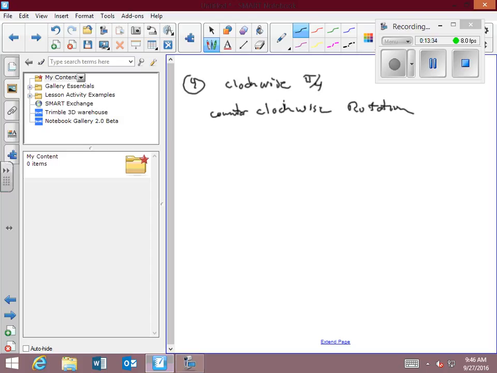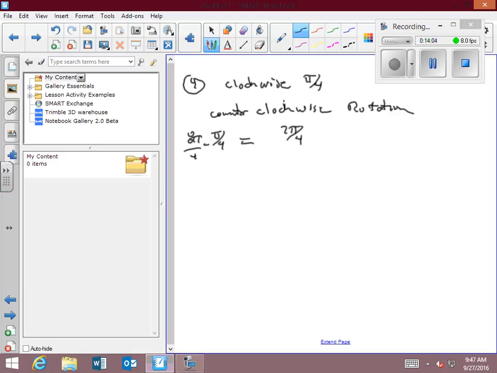Because if you go clockwise pi over 4, there's 2 pi in one complete rotation, right? So that'd be 8 pi over 4, and then you subtract pi over 4, so that'd be 7 pi over 4, right? Those two are equivalent. It's 8 pi over 4 minus pi over 4. It's going to give you that rotation.